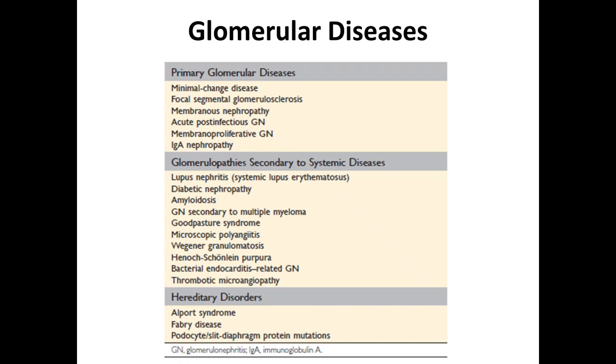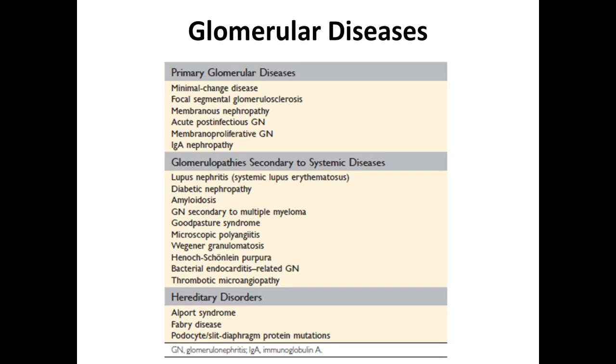Glomerular diseases, guys, include the primary glomerular diseases: minimal change disease, focal segmental glomerulosclerosis, FSGS, membranous nephropathy, acute post-infectious glomerulonephritis, membranoproliferative glomerulonephritis, and immunoglobulin A nephropathy.